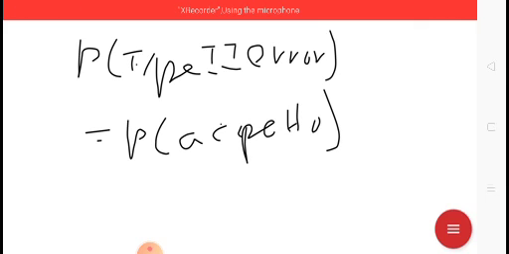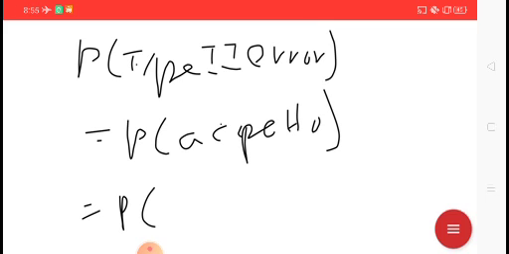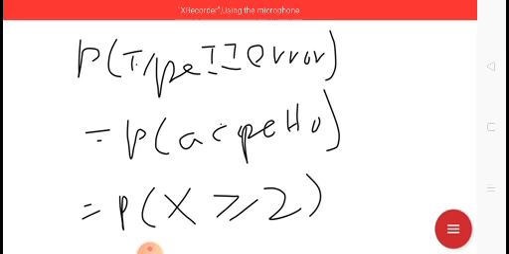Based on the calculation above, when you will accept H naught, P(X) larger or equal to 2, right? Smaller or equal to 1, you will reject. Larger or equal to 2, you will accept. So when you accept, then you need to calculate.